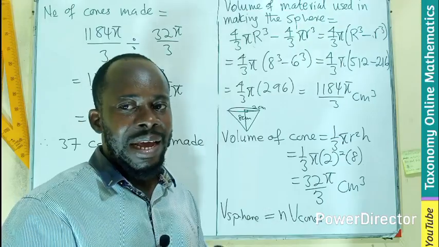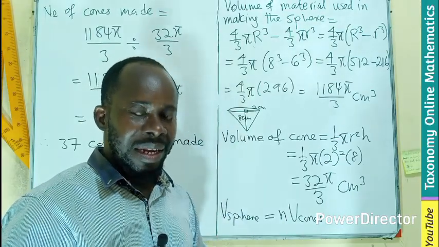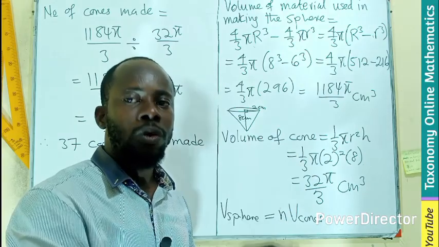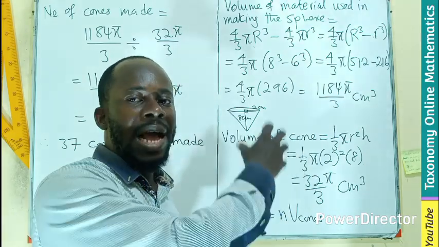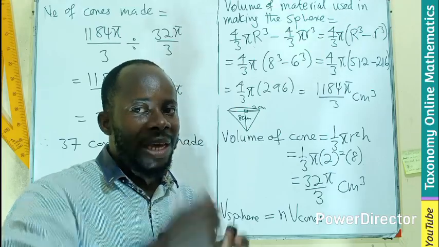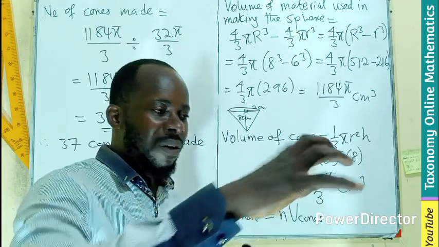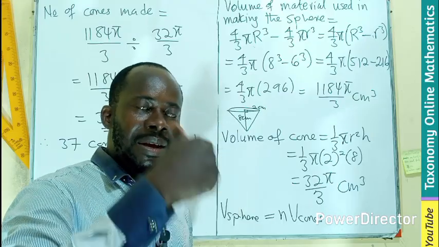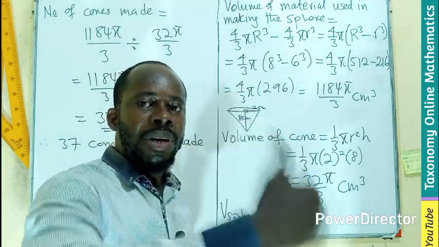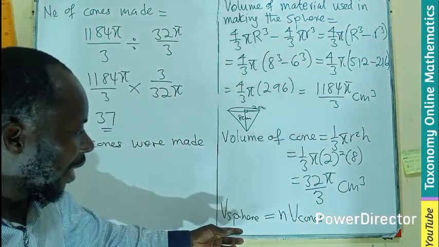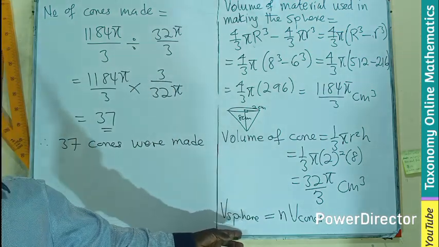Then I scatter it again without losing any material. Then I take the clay again and restructure small cones. So how many cones I can make will be determined by the volume of one of the cone I am making, if they are all the same. So if I make a cone, let's say 3 centimeter cube, I'll be dividing the volume of the clay by 3 centimeter cube. That is the analogy we have here to get the answer.